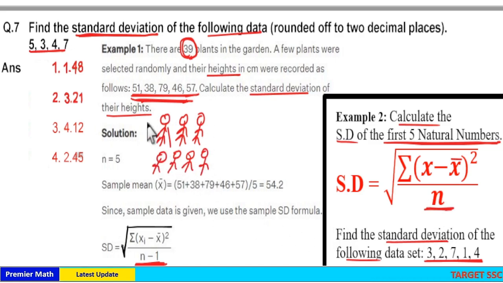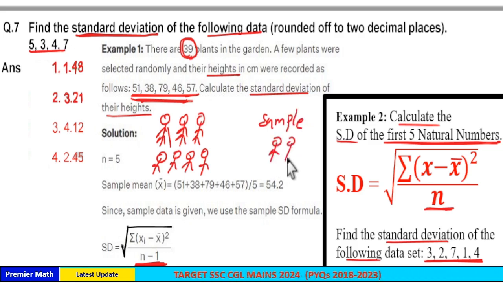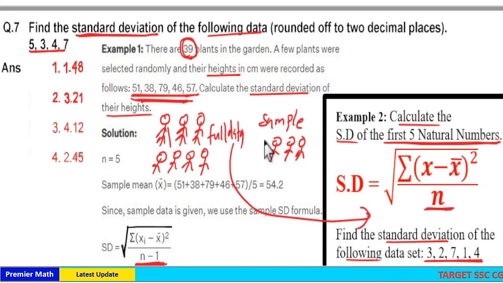If you have data of this entire population, then you can use n in the denominator. But if you only have data of a sample, then you should use n minus 1 in the denominator. So, if you have full data, you can use n, and if you only have sample data, you use n minus 1. This is the difference between these two equations.